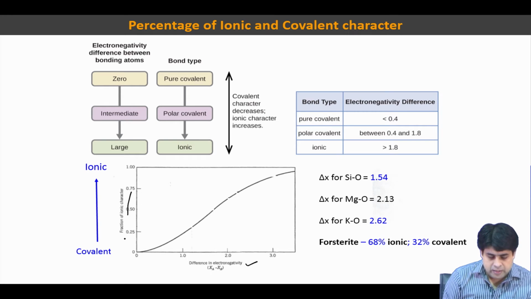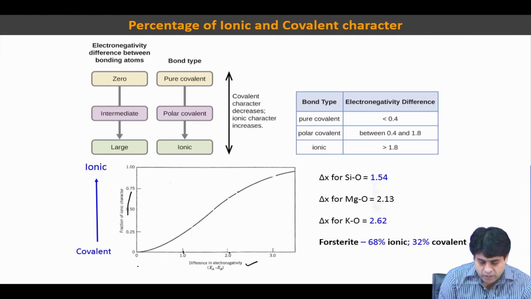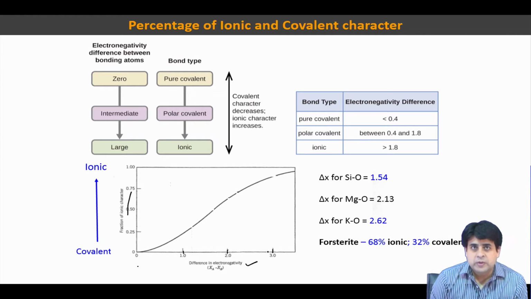The difference in electronegativity is changing from 0 to 3, so you have some divisions 1, 2 and 3.